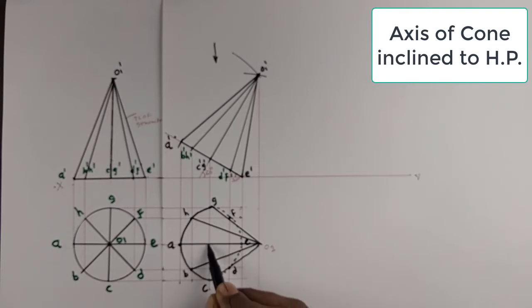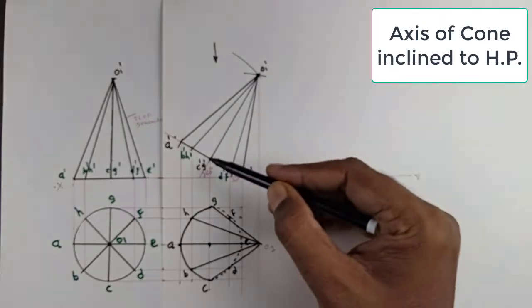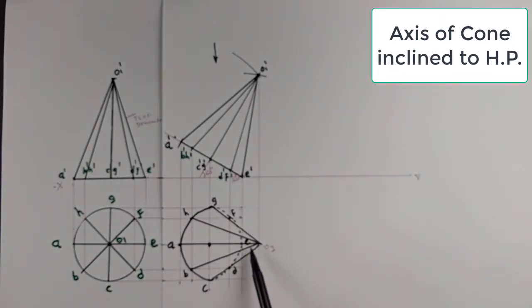Now this is the end point of the axis. So now the axis, this length, it is lower than true length of axis. So it is called as a plan axis.